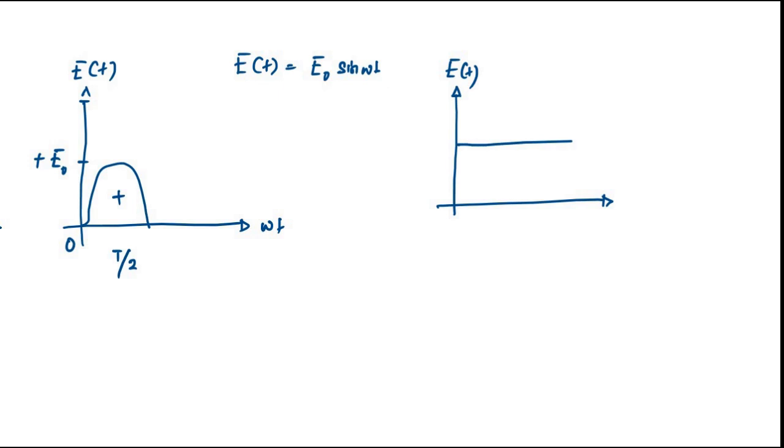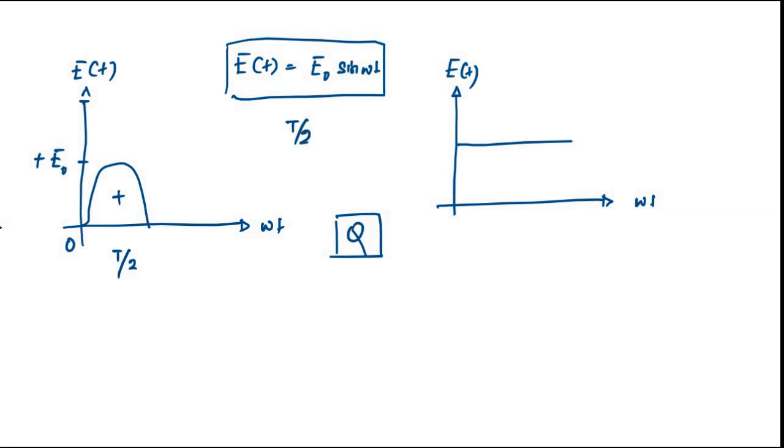So we have to figure out a value of DC voltage which would send the same amount of charge as is sent by this alternating voltage in half time period duration. That particular value we want to determine.